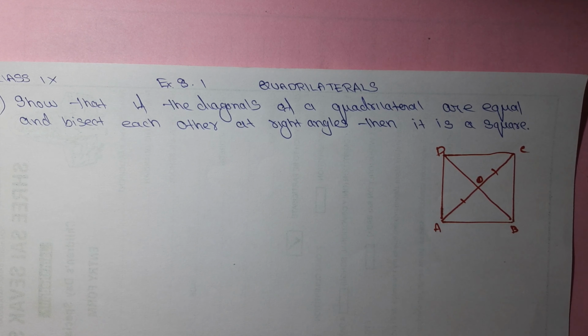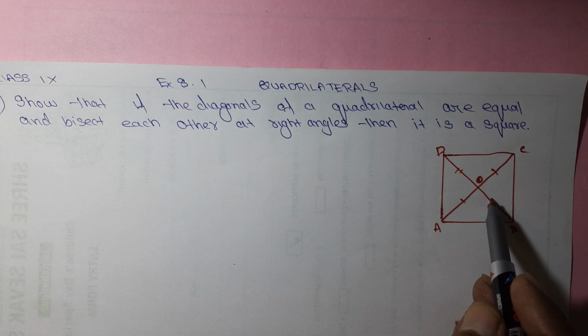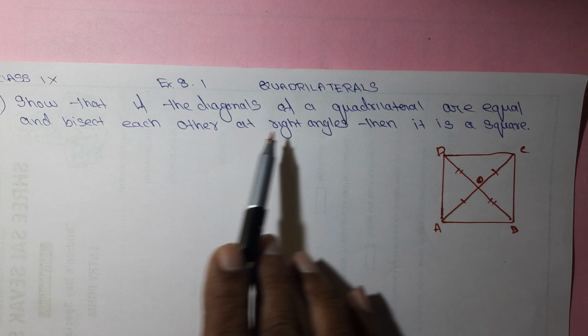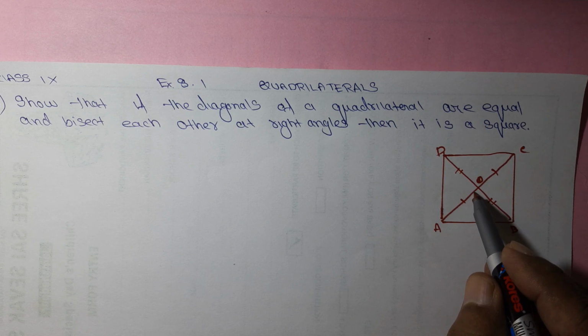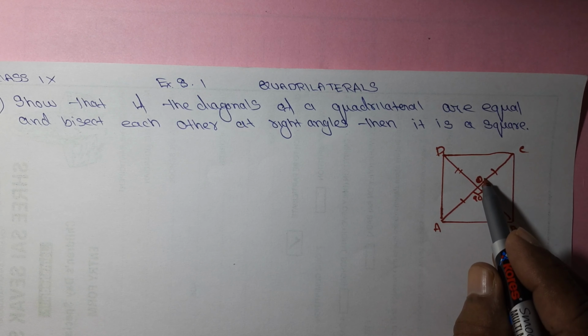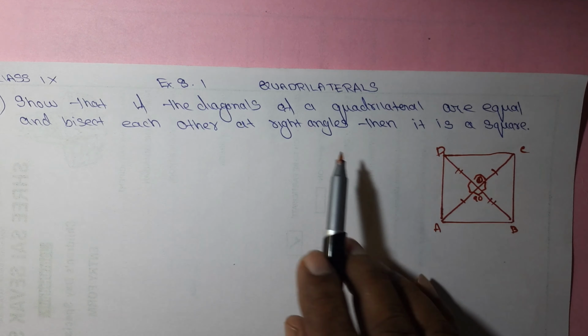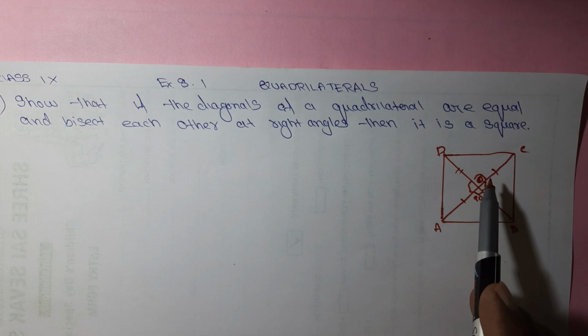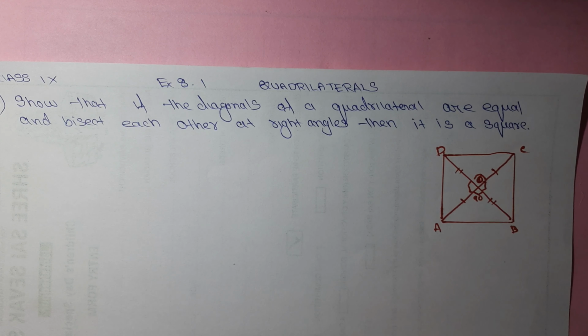It's bisected means it's just divided into half. Similarly, this side is equal to this side, each other at right angles. So this is called 90 degrees. This is also 90 degrees, this is also 90 degrees, this is also 90 degrees. If it is so, then prove that the entire diagram is a square.